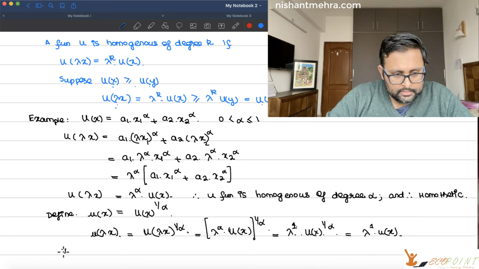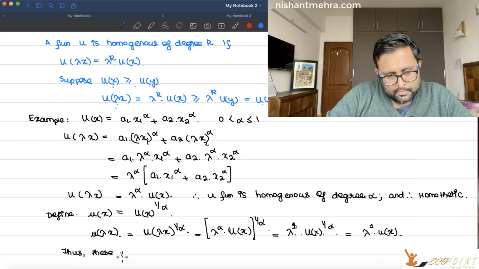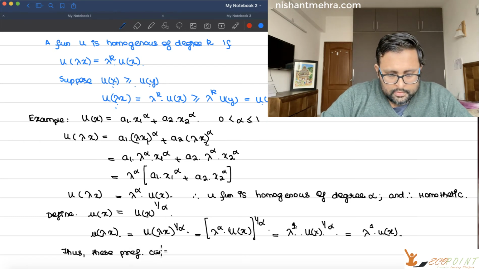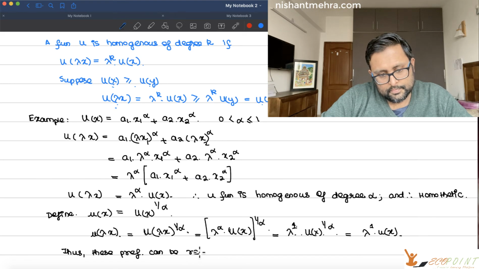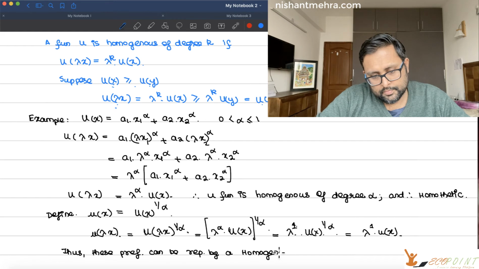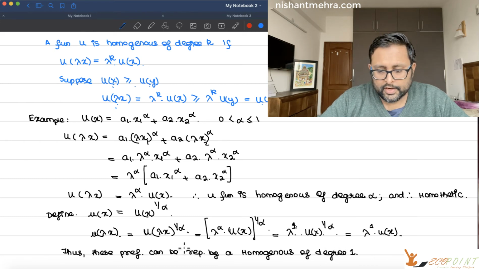So thus these preferences can be represented by a function which is homogeneous of degree 1, right?